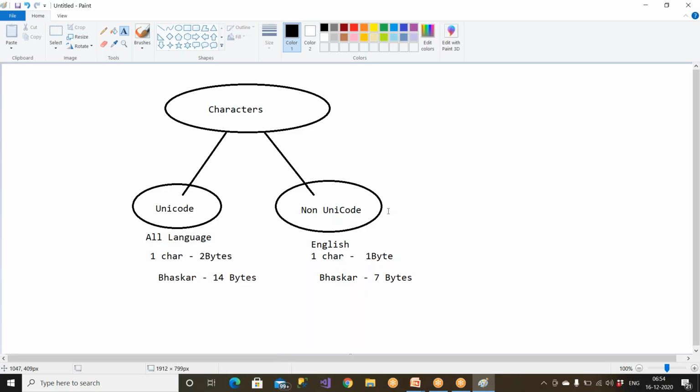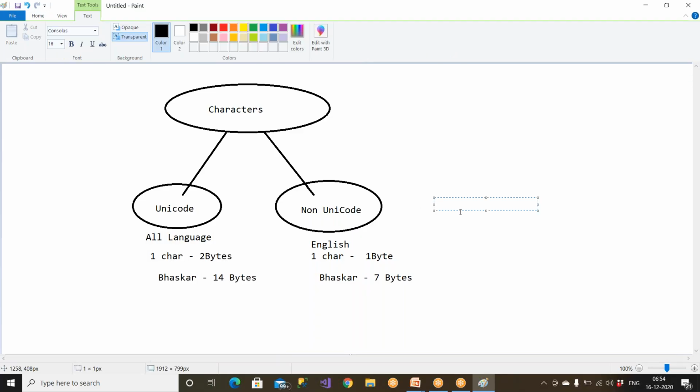So in the non-Unicode sector, SQL Server has a few data types. What are the data types this has? One is called char, character data. The second one is called varchar. For char, the maximum data you can store is 8,000, and varchar also has a maximum of 8,000.